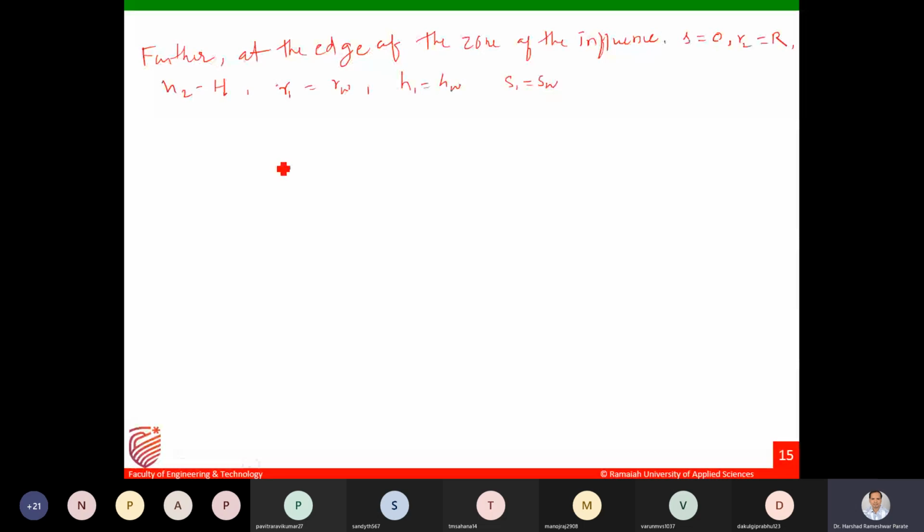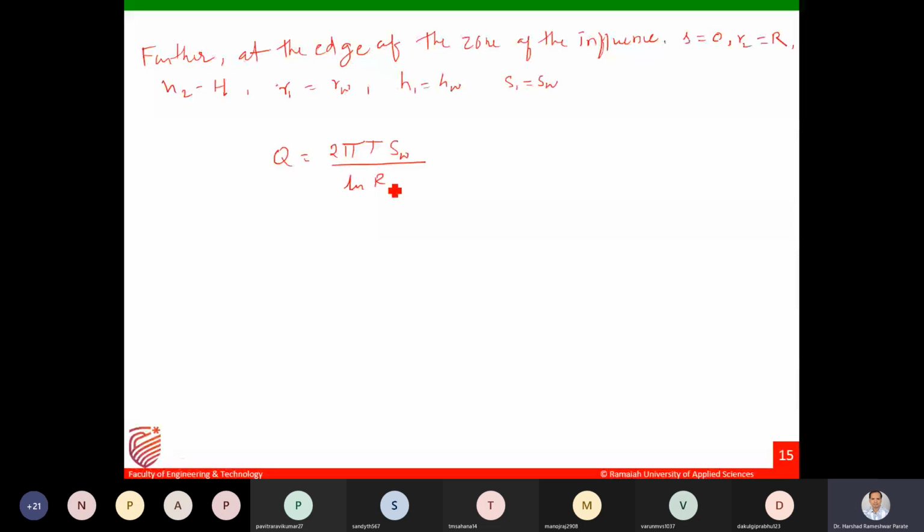You can rewrite your equation as Q is equal to 2 pi T SW divided by ln of capital R by RW.